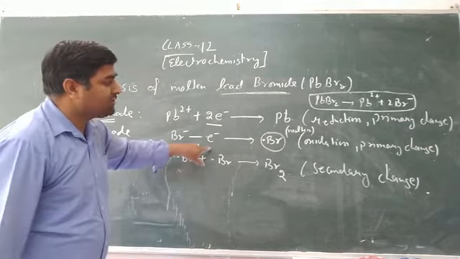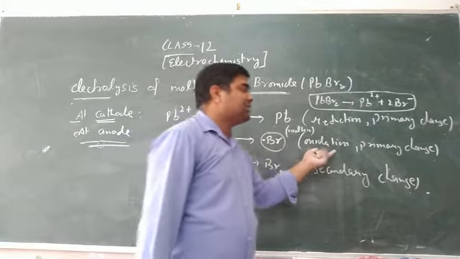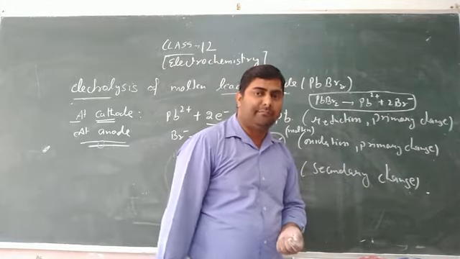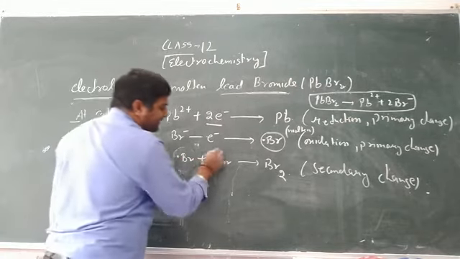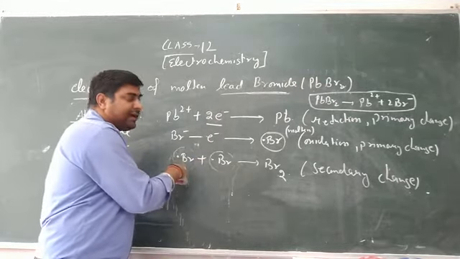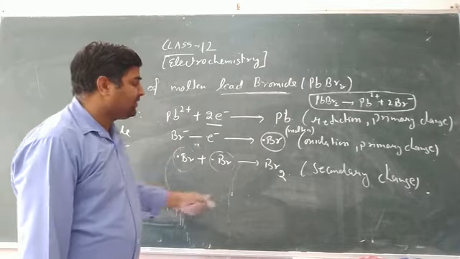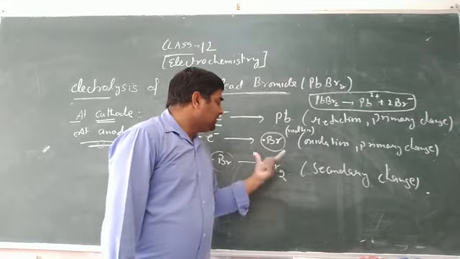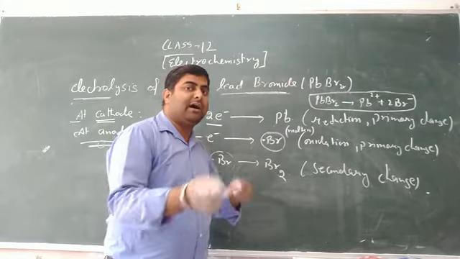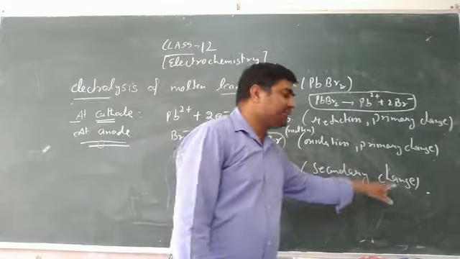This change is called a primary change. Now, two free radicals of bromine combine with each other because free radicals are highly unstable. So a bromine free radical combines with another bromine free radical to form Br2, that is a bromine molecule. Since this change takes place after the primary change, this is called a secondary change.